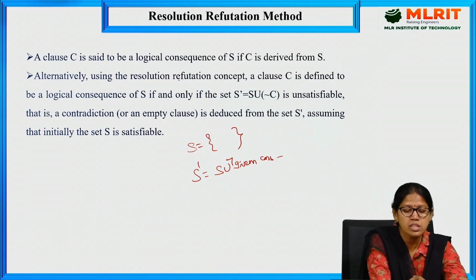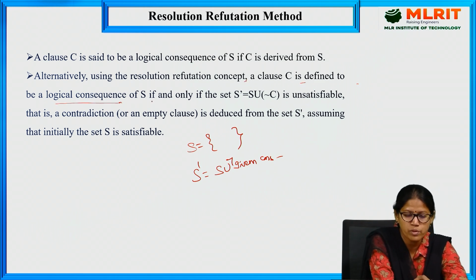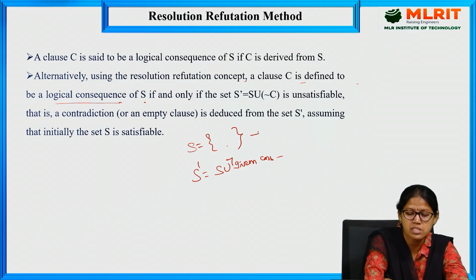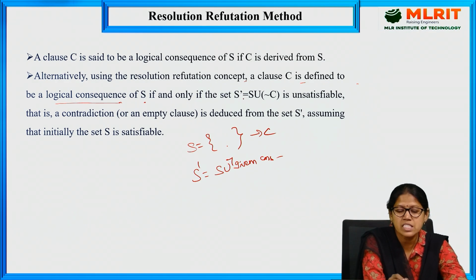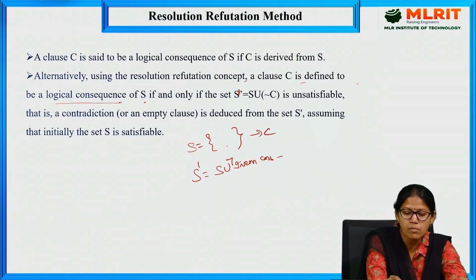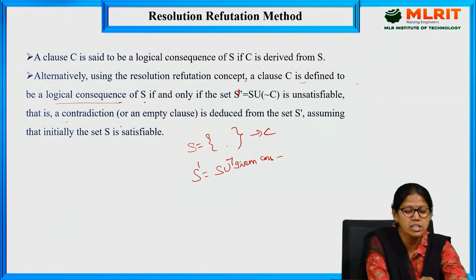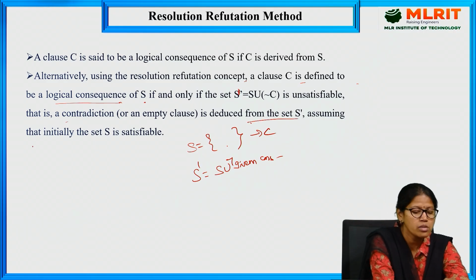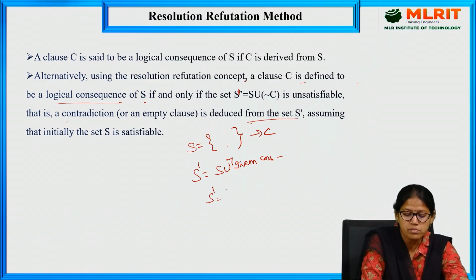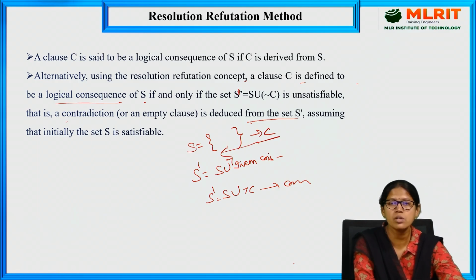Using the resolution refutation concept, a clause C is a logical consequence of S if and only if the set S dash, equal to S union negation C, is unsatisfiable, that is, a contradiction or an empty clause is derived from S dash. If it is contradictory, then we can say C is a logical consequence of S.